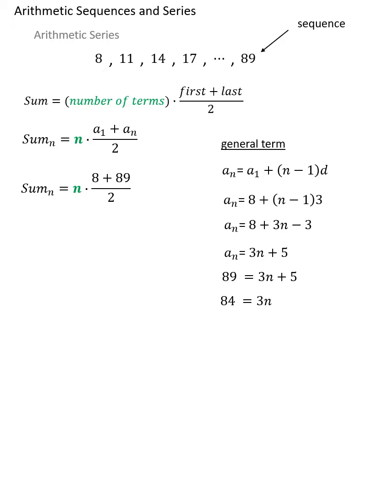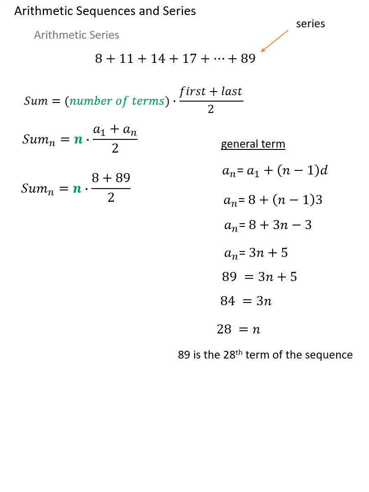So if I just do the basic algebra here, 84 divided by 3 turns out to be 28. I don't want to go into algebraic detail, but it's a pretty simple equation. And what this means, n equals 28, is it means that the 89 in my sequence is the 28th term of that sequence. But remember, my sequence that I'm studying is really a series.